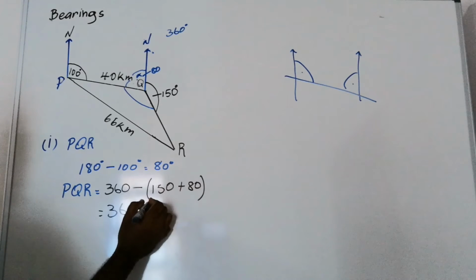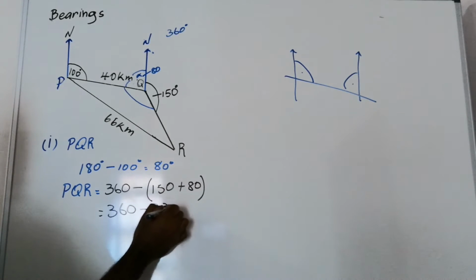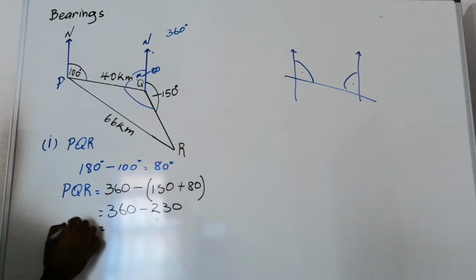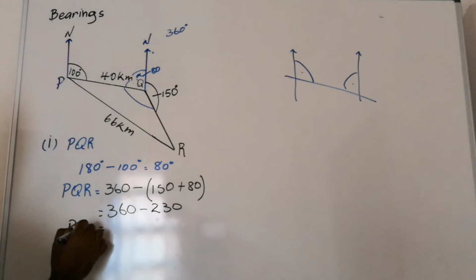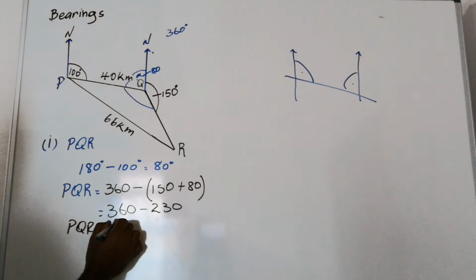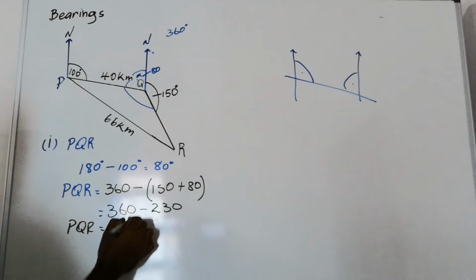We add that up, we will get 230, and PQR, we subtract the 230, will be equal to 130 degrees.